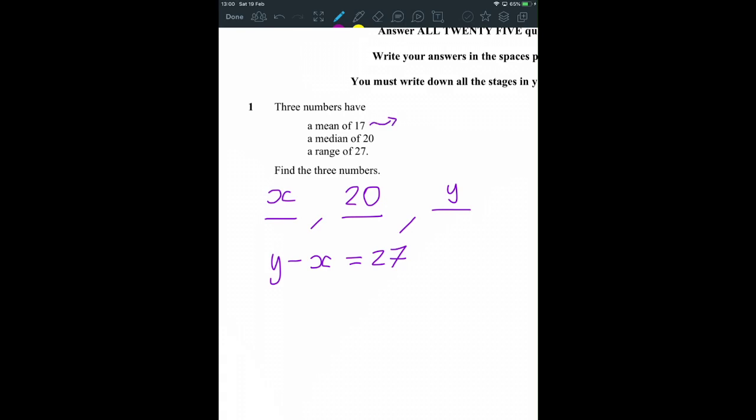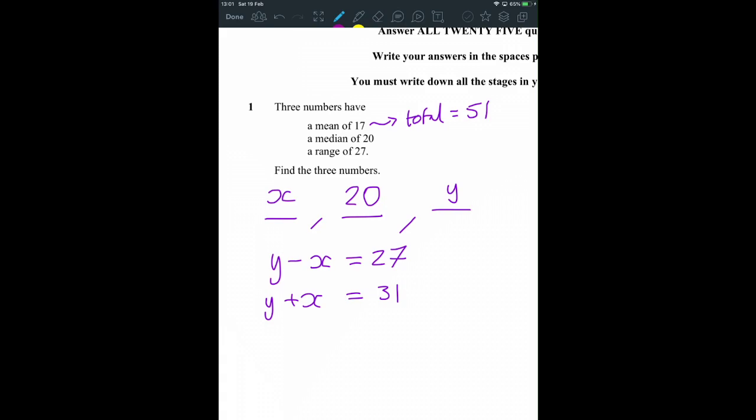From the fact that the mean is 17, we have that the total of all the 3 numbers is 3 lots of 17, which is 51. Losing the 20, we have that the sum of the remaining 2 is 31, and that's a very simple set of simultaneous equations.